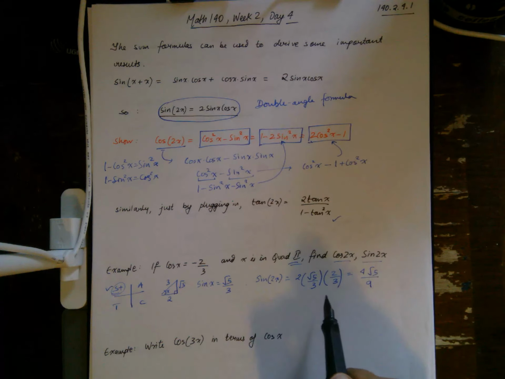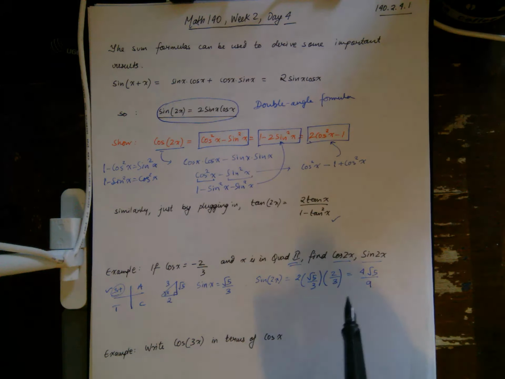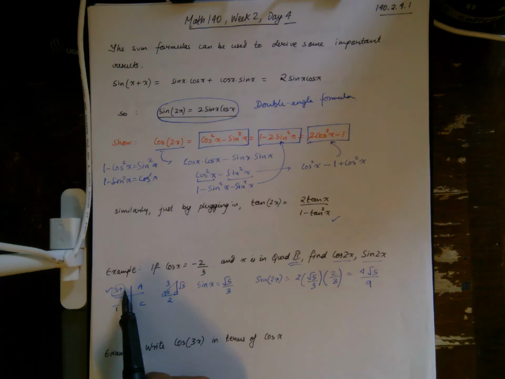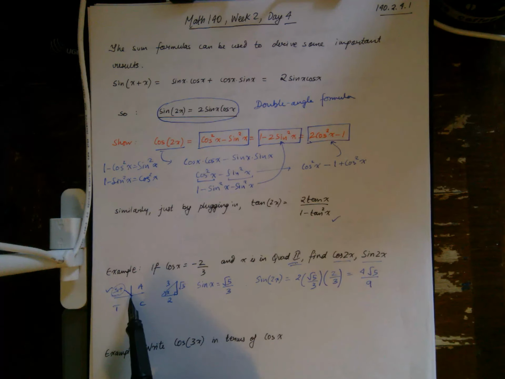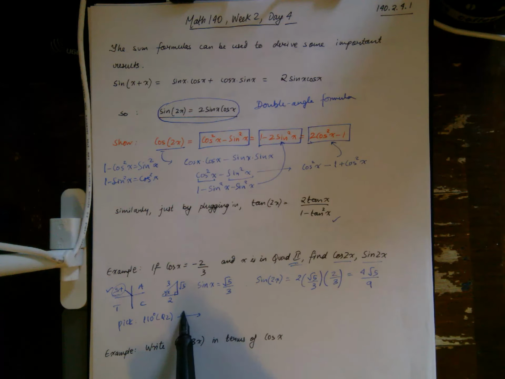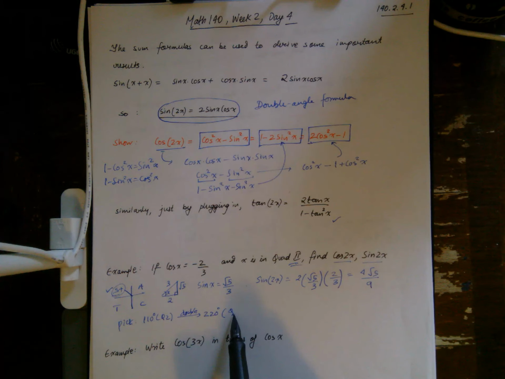However, I have not put the sign here as in the plus or minus. So let's think about it a little bit. If you have an angle in quadrant 2, if you double that angle, what quadrant would you be in? So pick one. So let's say 110 degrees is quadrant 2, and then if you double it, 220, which is in quadrant 3.